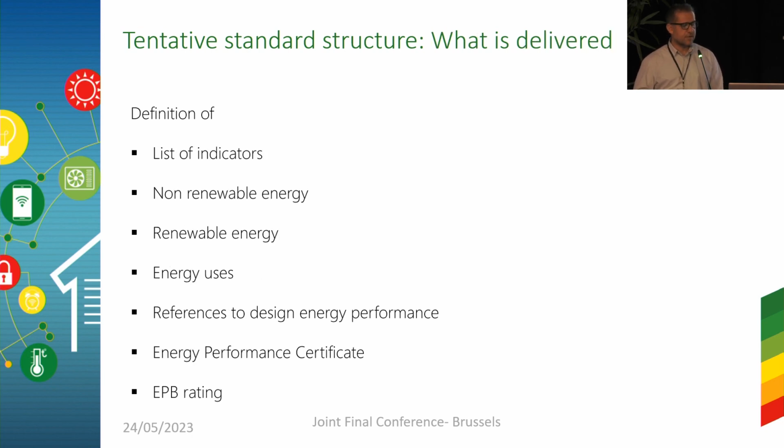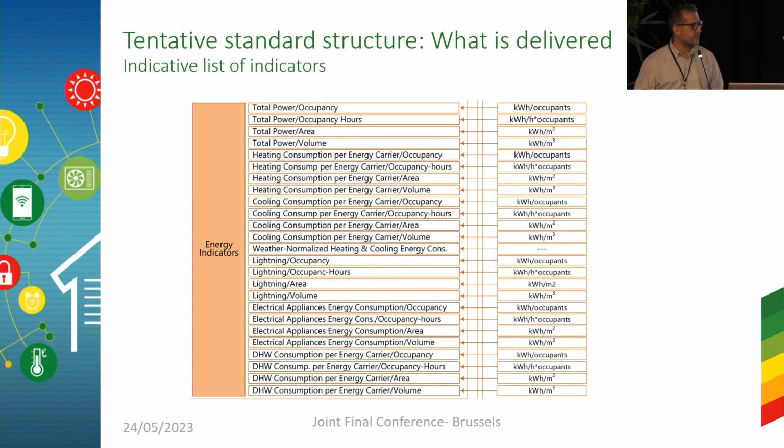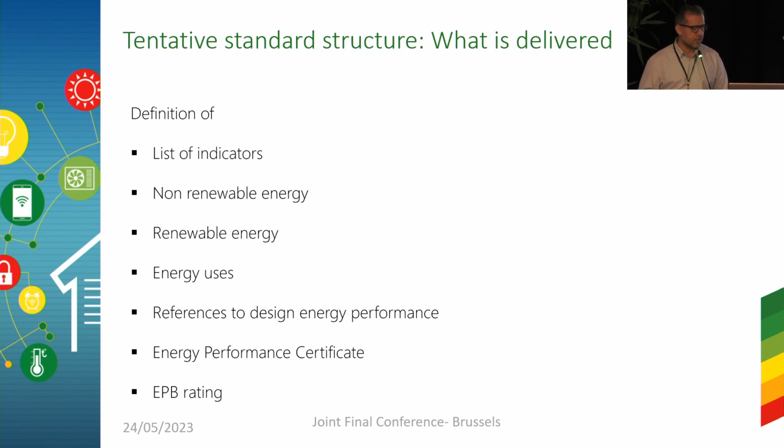And with regard to what we deliver from this assessment, we discuss the indicators, different types of indicators, and we have here a set of indicators that were used in D2PC for the operational rating. We also discuss how we assess the different energy carriers, the different energy uses, as well as how we extract all this information in the certificate.